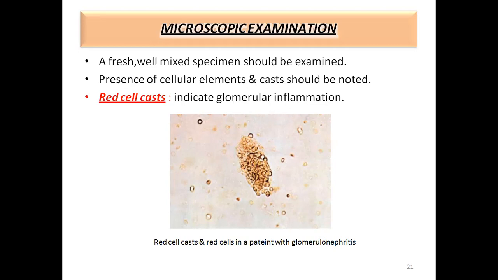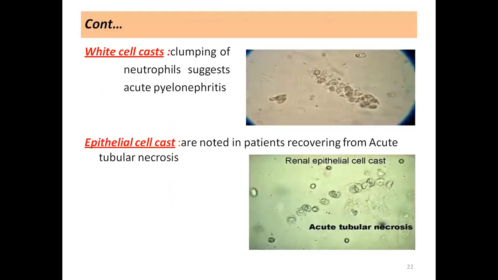If we see red cell cast, it indicates glomerular inflammation. So in this case, we can see red blood cells in the patient with glomerulonephritis. We also see white cell cast with clumping of neutrophil that might suggest acute pyelonephritis.